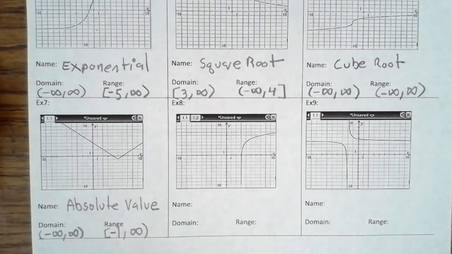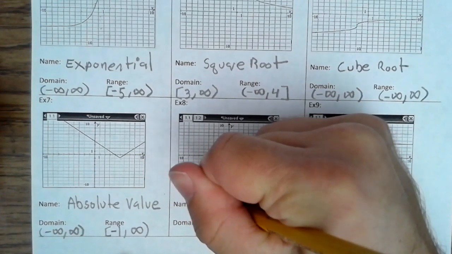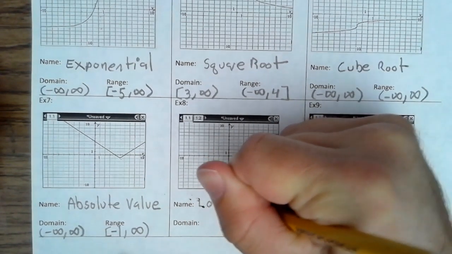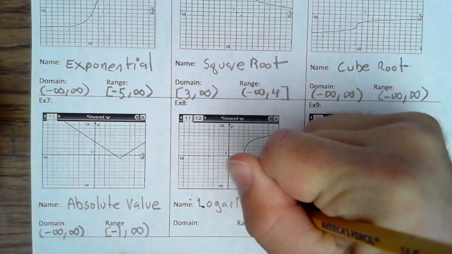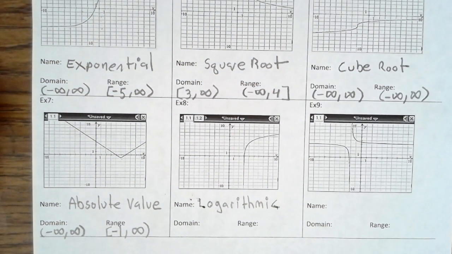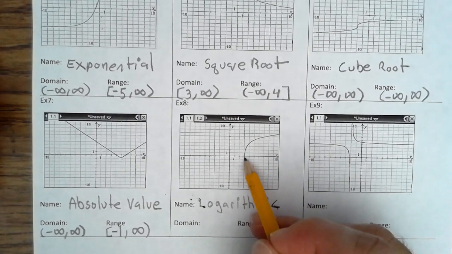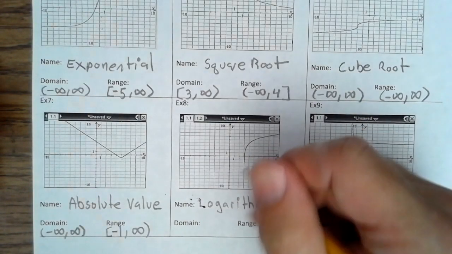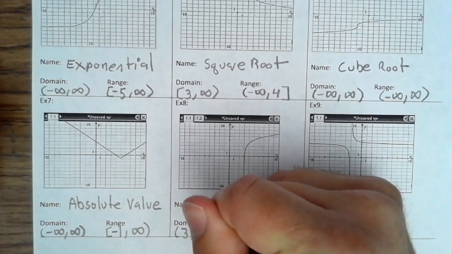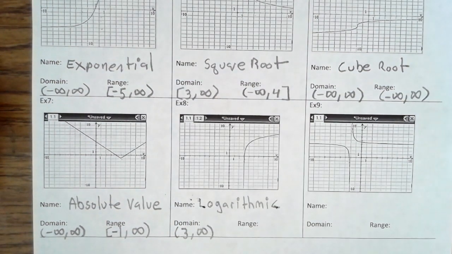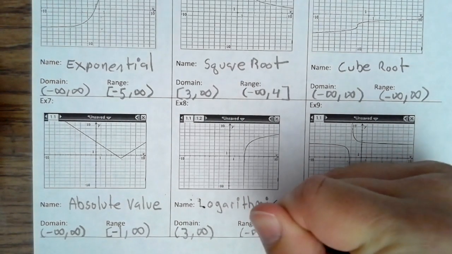All right, and the next one is logarithmic. Okay, and the domain for logarithmic here, it looks like it went to the right 1, 2, 3, but it doesn't include 3, so that's 3 to infinity. And then the range we know is always negative infinity to positive infinity.